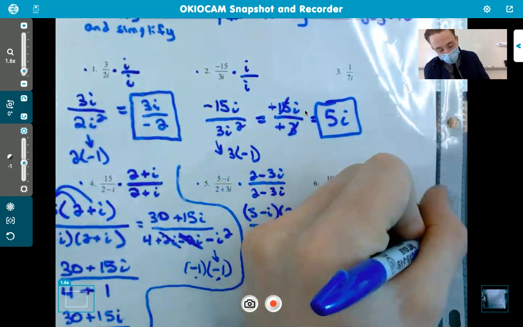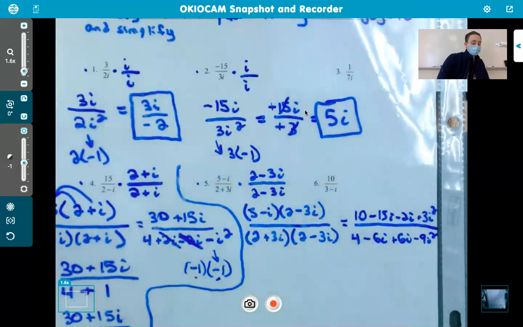Negative 9i squared. Good. Take a second to kind of catch up and jot some of that stuff down. All we did in that process was FOIL. So I multiply the first terms, the outer terms, the inner terms, and the last. And I did not do any simplifying yet. Okay. So like I said, don't try to do too many things at once. Just multiply all of your terms together first and then work from there.